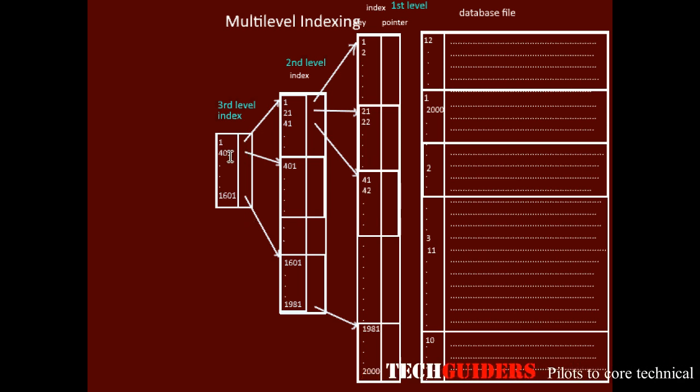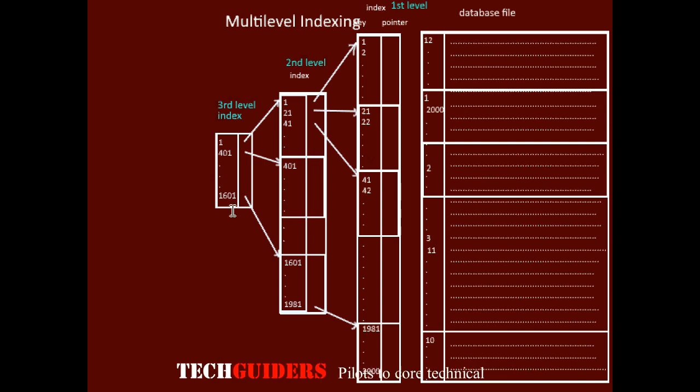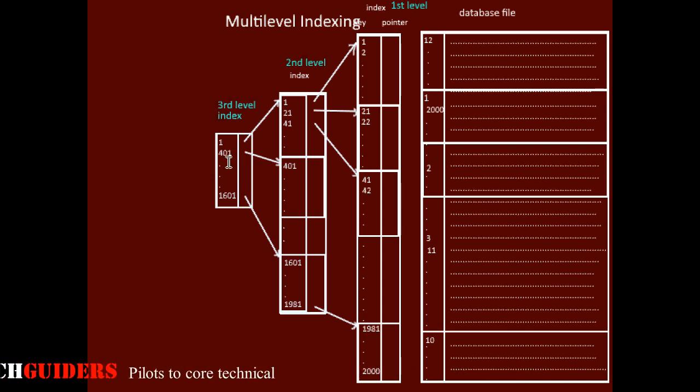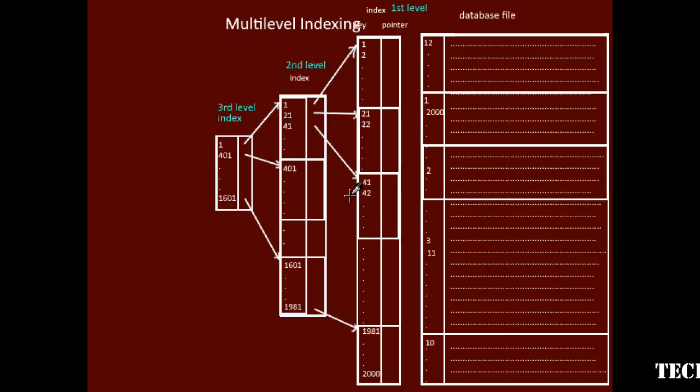Here suppose the third level index fits into one single disk block, then we can stop the multi-level indexing at that point. Thus we can continue it to any number of levels until the topmost level index can fit in a single block, and hence it is called multi-level indexing.